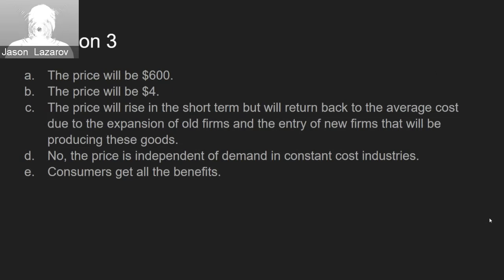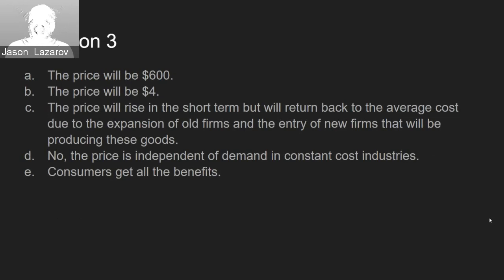For part B, the price of the 64 gigabyte flash drives will drop to $4 for the same reasons as in part A. For part C, the price will rise in the short term, but will return back to the average cost due to the expansion of old firms and the entry of new firms that will be producing these goods.